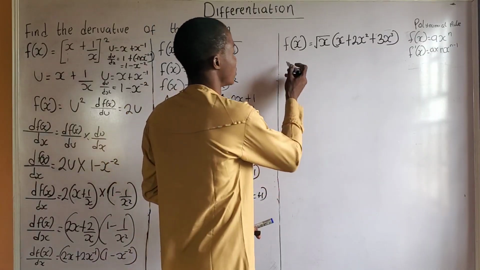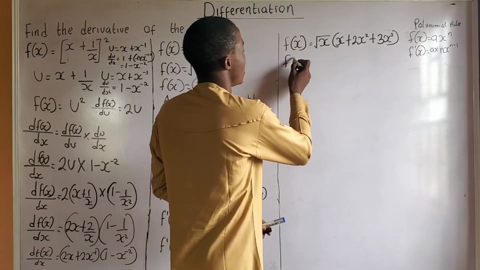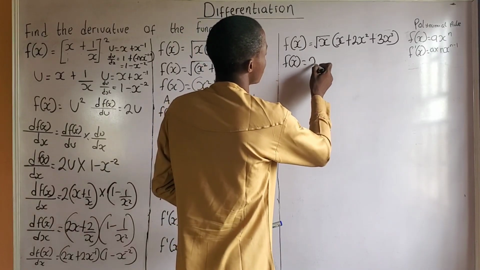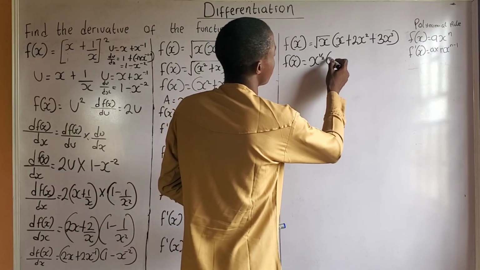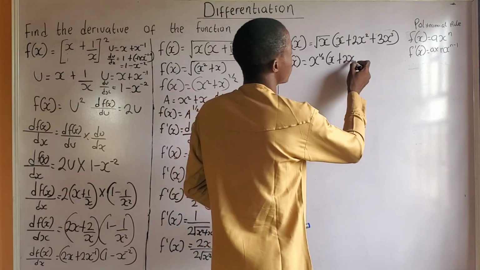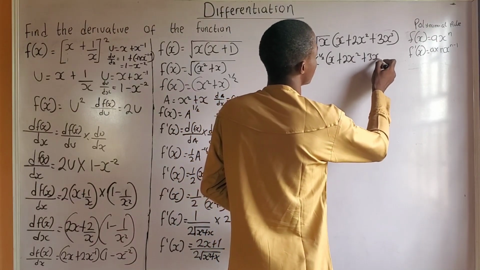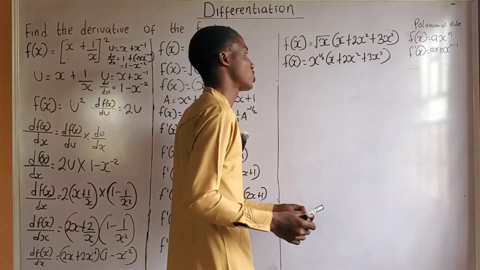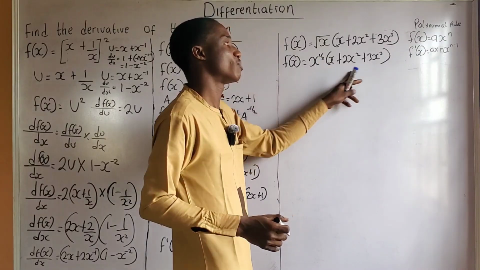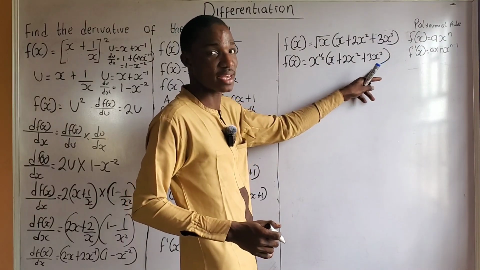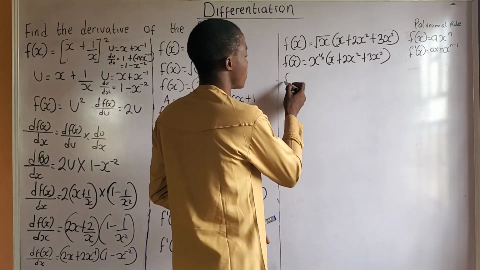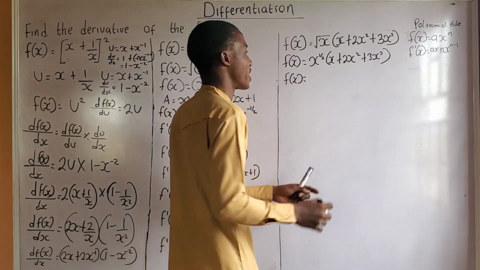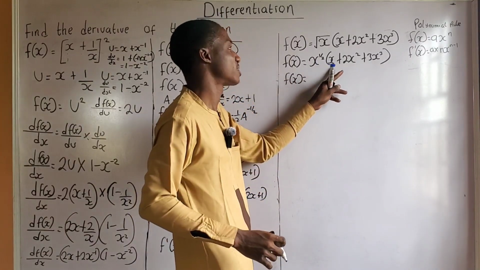To solve this question, let's rewrite f of x. f of x can be written as x raised to the power of 1 over 2 multiplied by x plus 2x raised to the power of 2 plus 3x raised to the power of 3, right? Okay, now let us use this x raised to the power of half to multiply every term that we have in the bracket. So for this, I'm going to have f of x will be equals to, okay, x raised to the power of half multiplied by x.